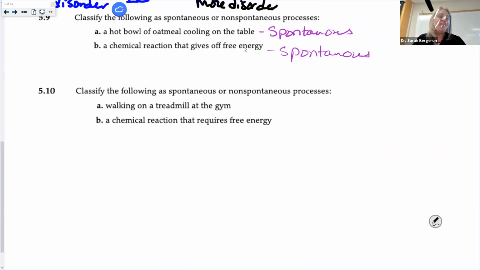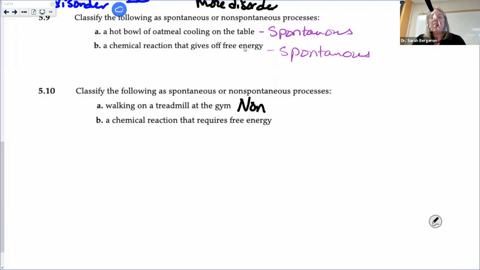Okay. Classify the following as spontaneous or non-spontaneous. Do you remember what that refers to? Delta G. So walking on a treadmill at the gym. If I'm at the gym, if I want to walk on a treadmill, is it going to happen on its own? No, I have to put energy in. That's the whole point of going, get on the treadmill, right? To expend the energy. So walking on a treadmill is going to be non-spontaneous.